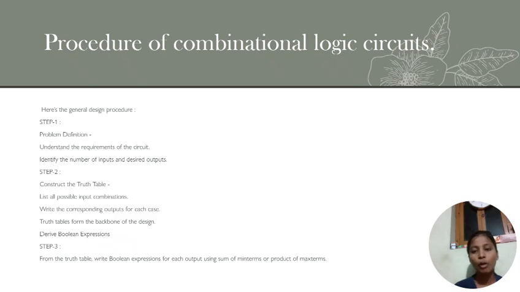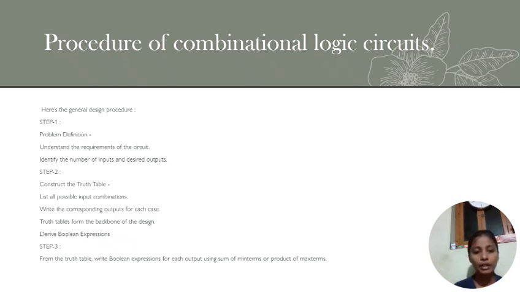Procedure of combinational logic circuits. Here is the general design procedure. Step 1, problem definition: understand the requirements of the circuit and identify the number of inputs and desired outputs.